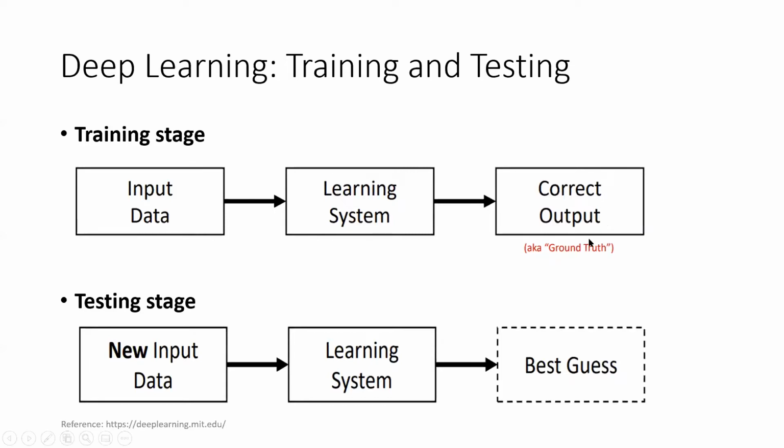Remember, this is supervised learning, whereby you give the labels to the machine learning algorithm. For the testing phase, I get new unseen data, data my model has never seen. I input it into the machine learning system, and then it's able to generalize or make the best guess.